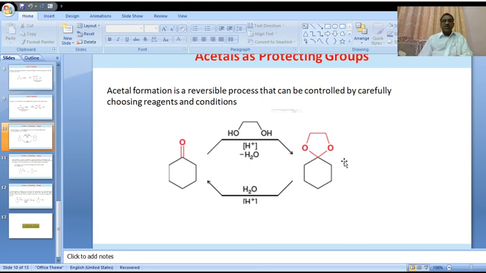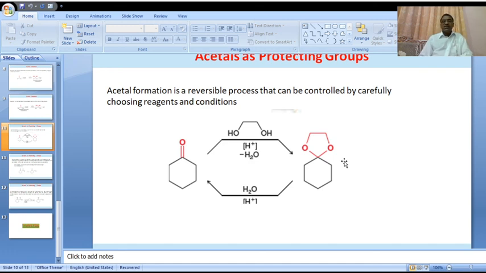In the forward reaction, the carbonyl compound on reaction with alcohol in presence of acid loses a water molecule to form the acetal. In the backward reaction, the acetal is converted into the carbonyl compound.